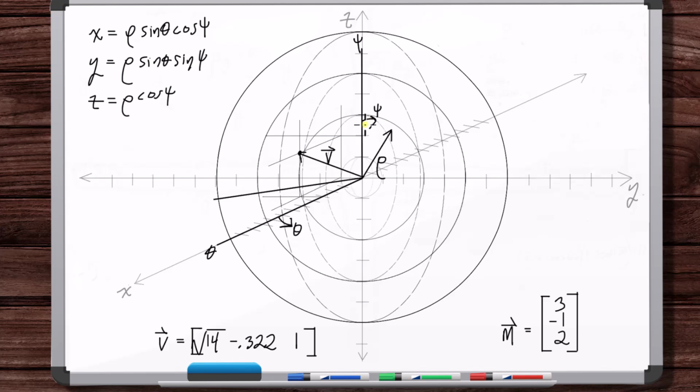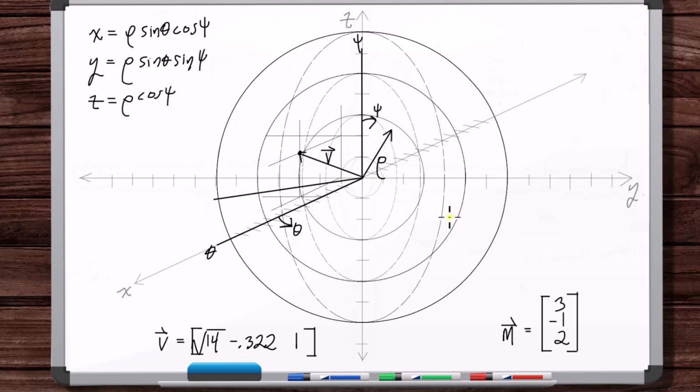In general, psi is going to be between 0 and 180 degrees, 0 and pi. But as I've mentioned, you can think about plotting any real number. Technically there's no reason for rho or r to be negative in spherical. But if you had a negative rho or negative r, you would just think about plotting it like normal, but then you'd go the other direction with rho.